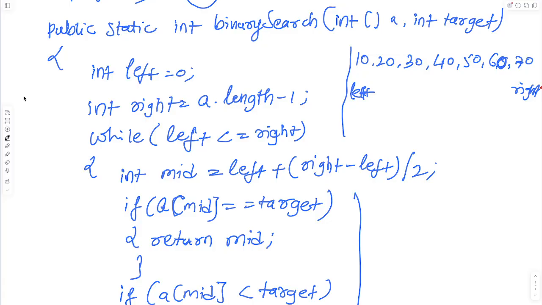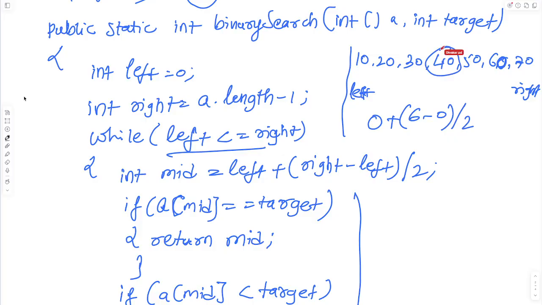We will loop through the array until left is less than or equal to right, so that means the loop ends when left goes beyond right. First we'll calculate the middle, which is left, which is 0, plus right, which is 6, minus 0, divided by 2, which is 3.